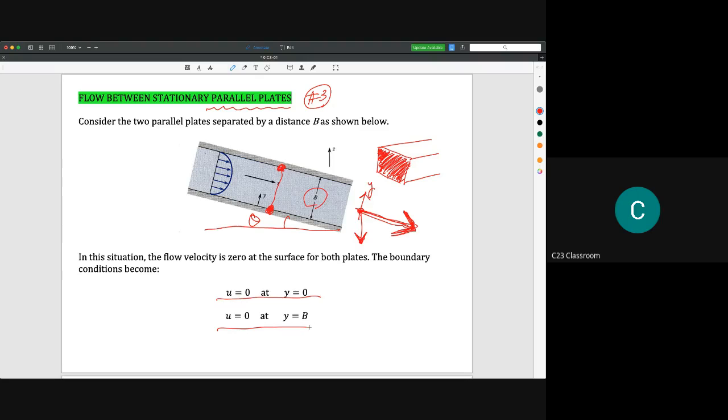It is because we assume that the molecules stick on the surface, and because the surface here is fixed, not moving, the velocity remains equal to 0. Then the velocity distribution will show like this. So this is the assumption for this case.